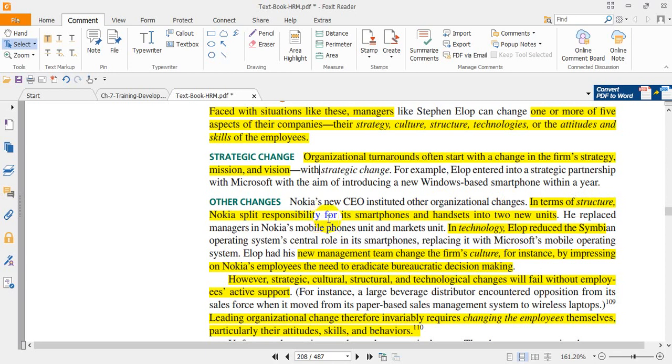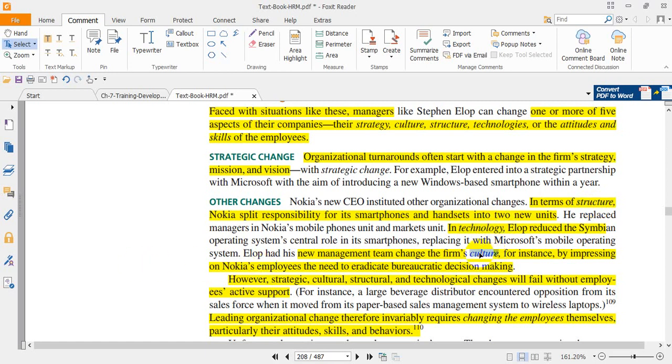Split the responsibility of its smartphones and handsets into 2 new units: mobile phone unit and market unit. In terms of technology, the company reduced the Symbian Operating System's central role in its smartphones, replacing it with the Microsoft Mobile Operating System. So here the change is on strategy, on structure, on technology.